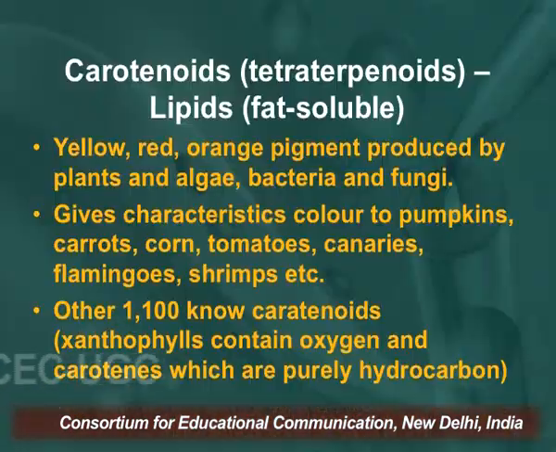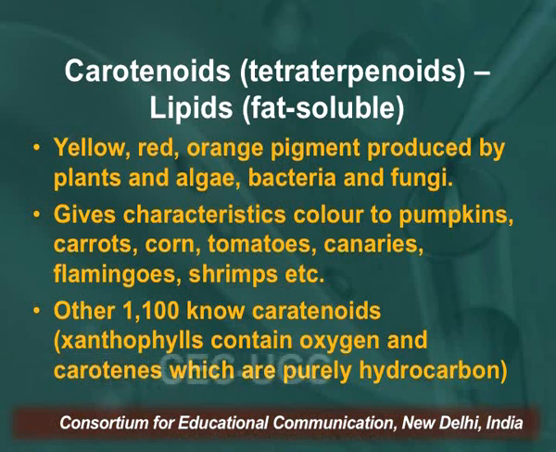The yellow, red, and orange pigments produced by plants, algae, bacteria, and fungi are carotenoids. Similarly, these carotenoids give characteristic colors to pumpkin, carrots, corn, tomatoes, canaries, flamingos, shrimps, etc. There are 1100 known carotenoids.